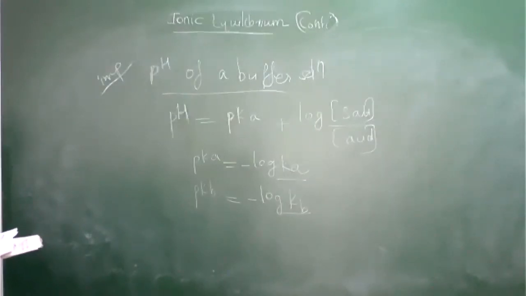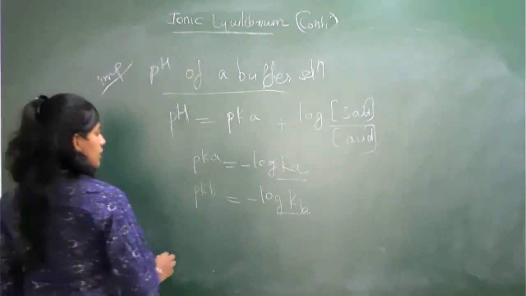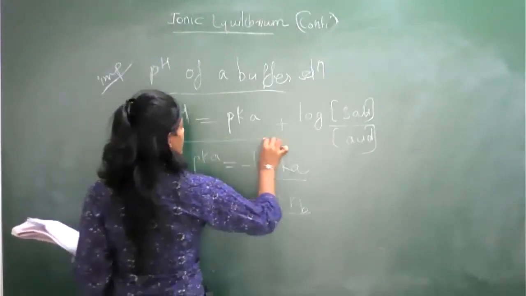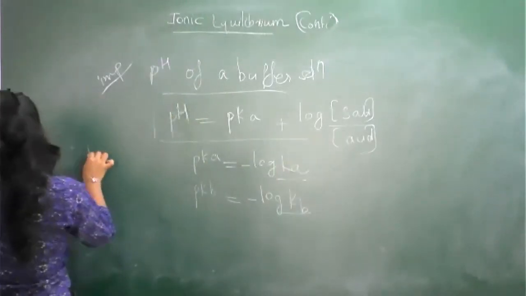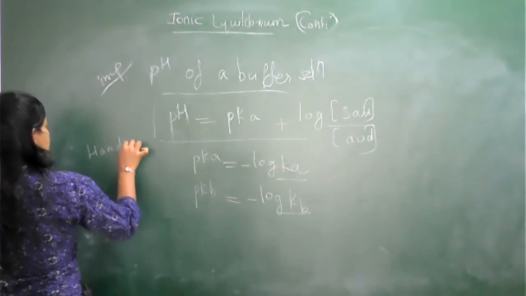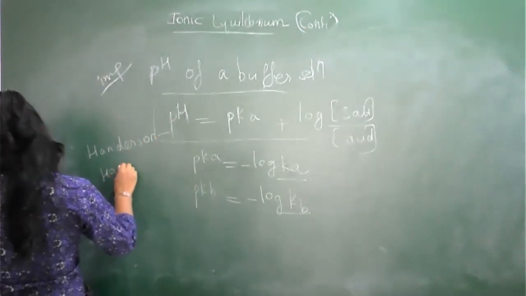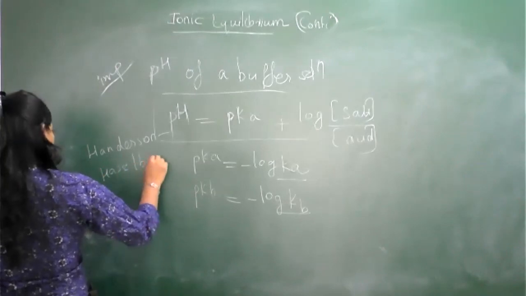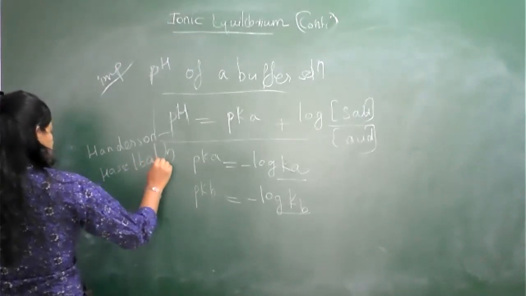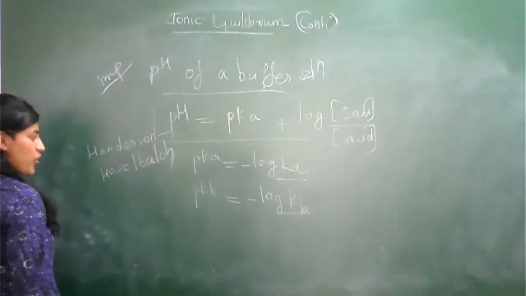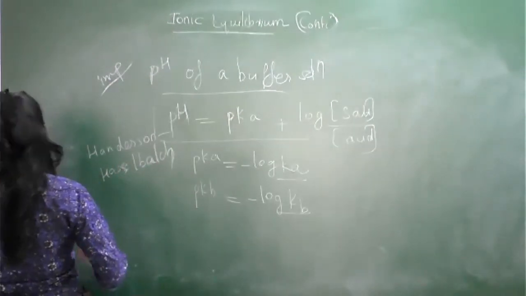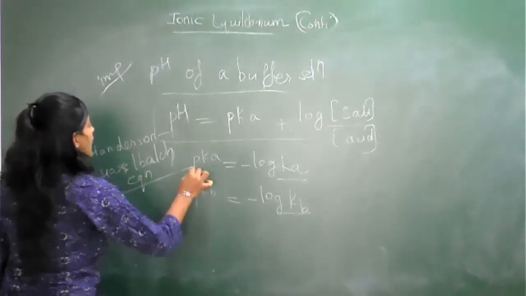Okay, this equation is called what? Henderson equation. Henderson-Hasselbalch equation. It's a scientist's name. Hasselbalch, we can pronounce it Bosch. This equation is called the Henderson-Hasselbalch equation.